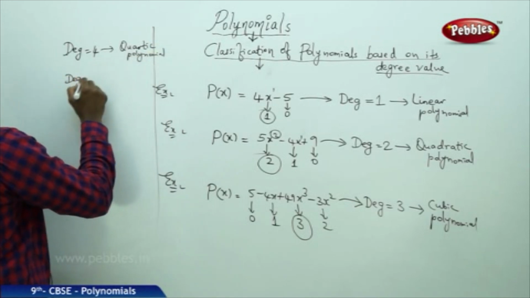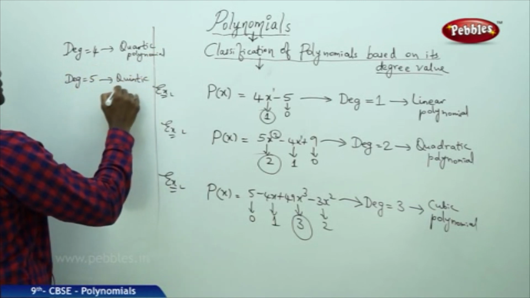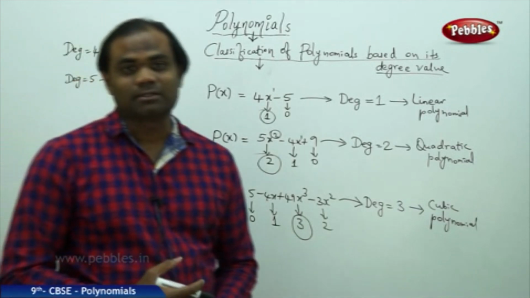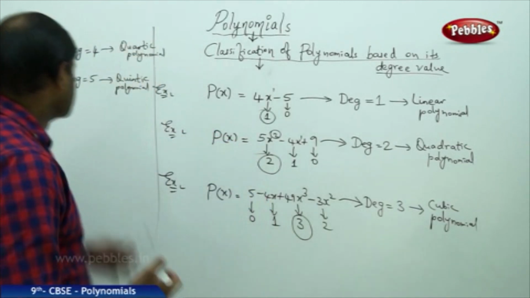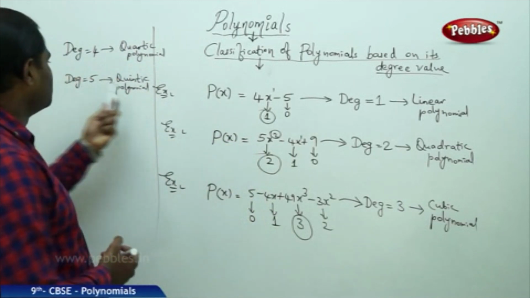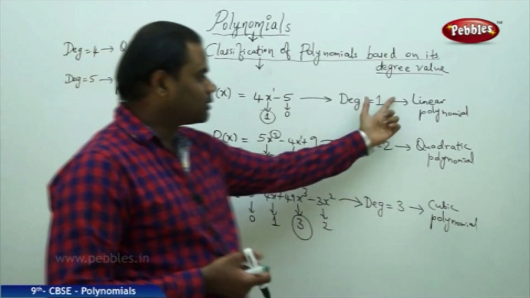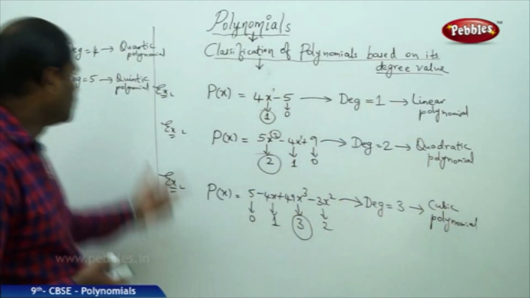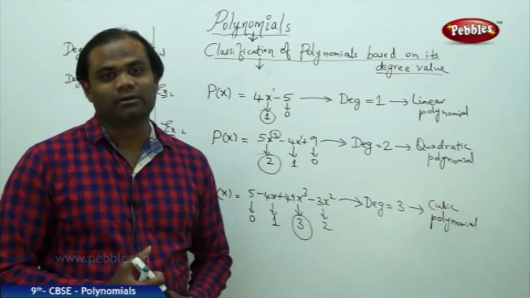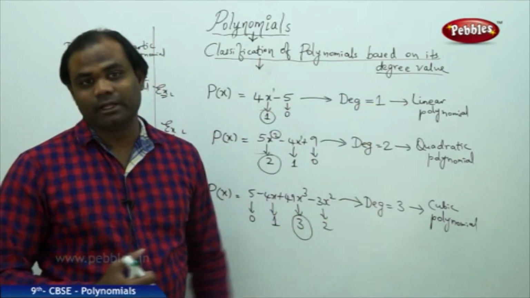And if the degree is 5, the polynomial is called a quintic polynomial. This is out of the syllabus, but just for presumed knowledge, degree 4 makes a quartic polynomial, and degree 5 makes a quintic polynomial. Linear, quadratic, cubic, quartic, quintic, etc. is how we define polynomials classified based on their degree value.